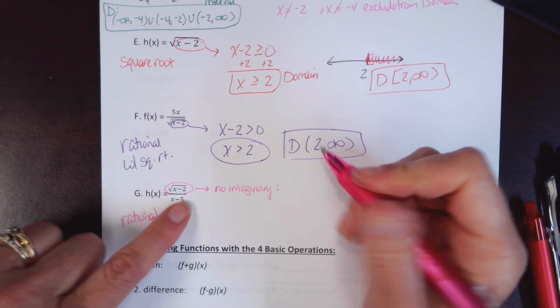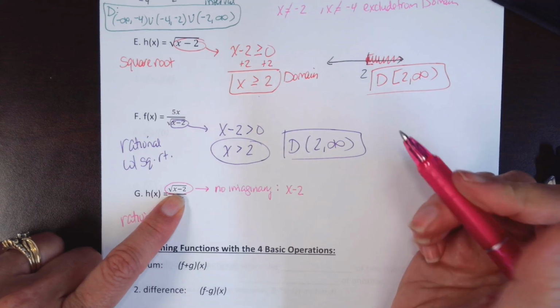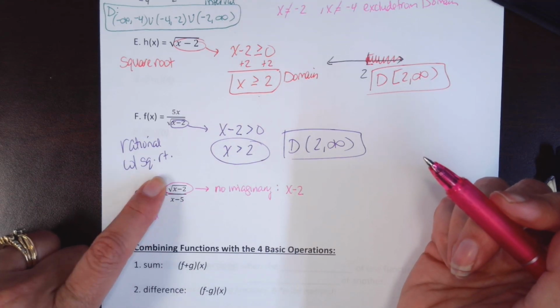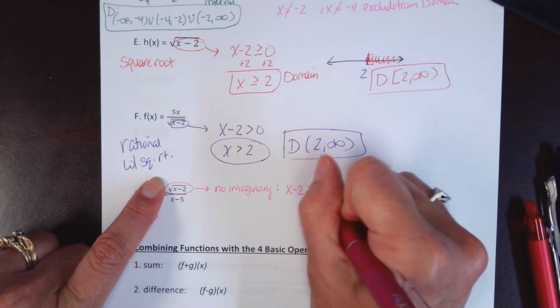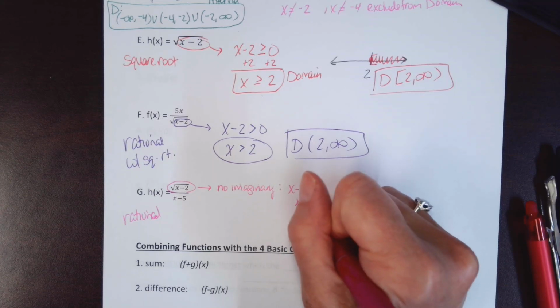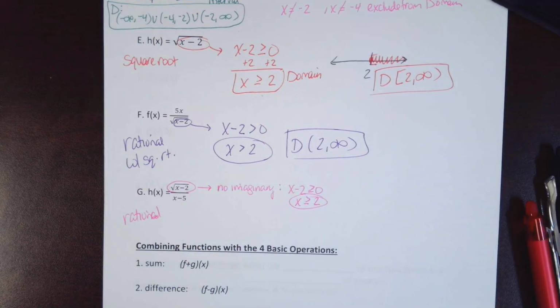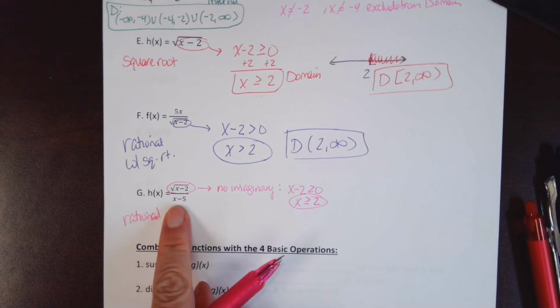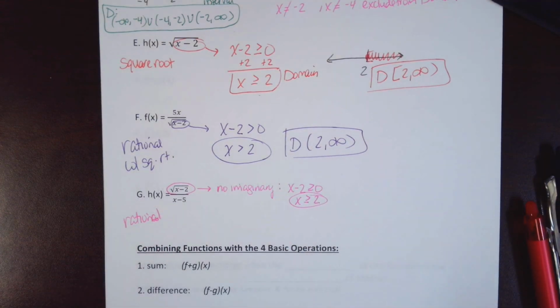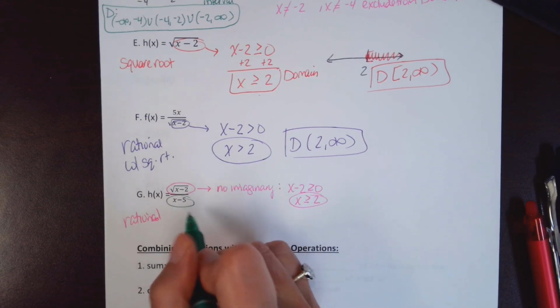So I have to say, okay, x minus 2, can this be 0? Numerator can be 0, so greater than or equal to 0. So x has to be greater than or equal to 2. We got that figured out. But wait, there's more. We also have a rational, so it's a denominator.